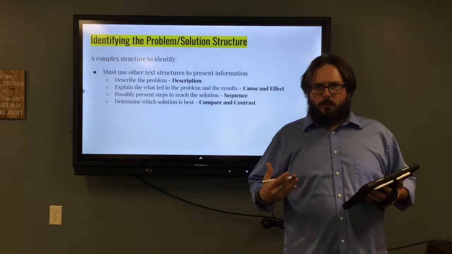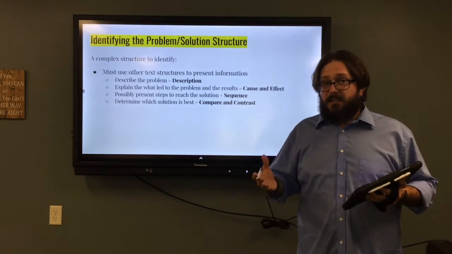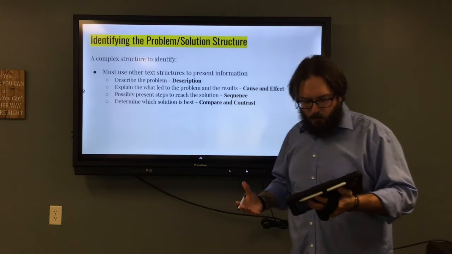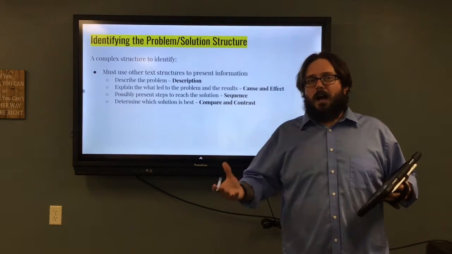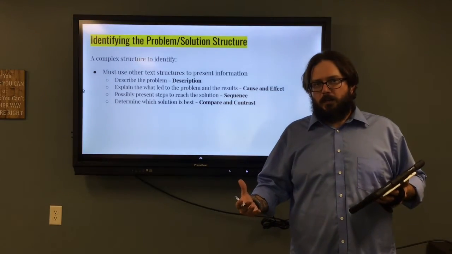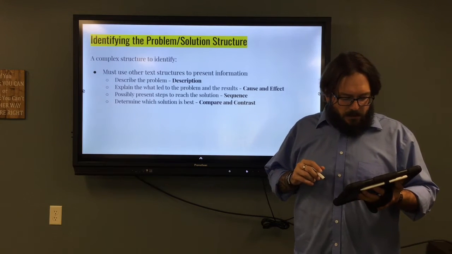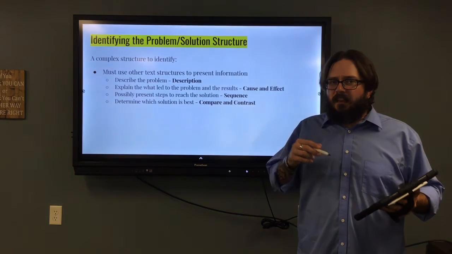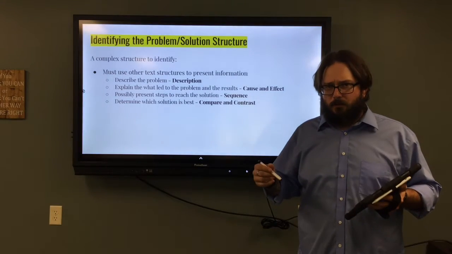Oftentimes the author is going to present the problem as well as the solutions by using one or more of the other text structures. For example, most authors are going to describe the problem. So here we see the description text structure in use. Maybe the author will explain the events that led to or even the results of the problem.